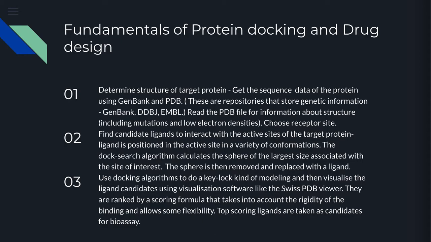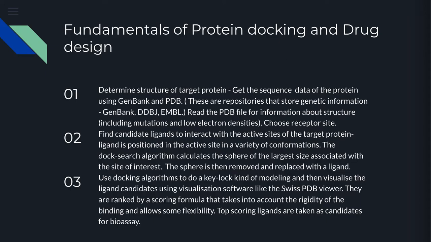The entire process of drug design for a target protein follows three major steps. The first step is to obtain the sequence data file of the protein from GenBank or PDB and studying the file for details on the protein structure, like how it was developed, etc. For example, if you want to determine some new candidate drugs for the novel coronavirus, you would start with getting the sequence file from PDB or the protein database.